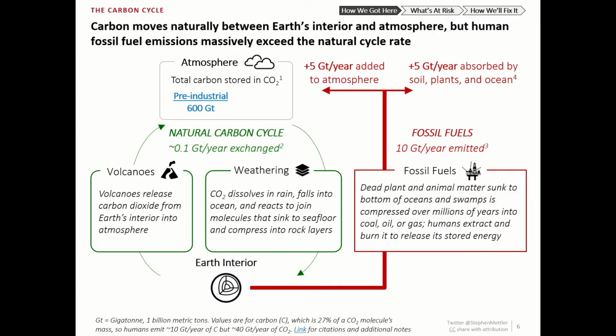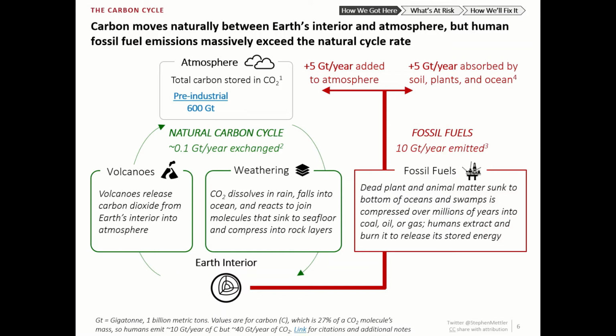Fossil fuels are dead plants and animals that, if they died and sunk to the bottom of oceans and swamps, and if the ground shifted so that biological material was pushed underground, can, over hundreds of millions of years, be compressed under intense pressure and intense heat, and that biological material can be turned into coal, oil, or natural gas.